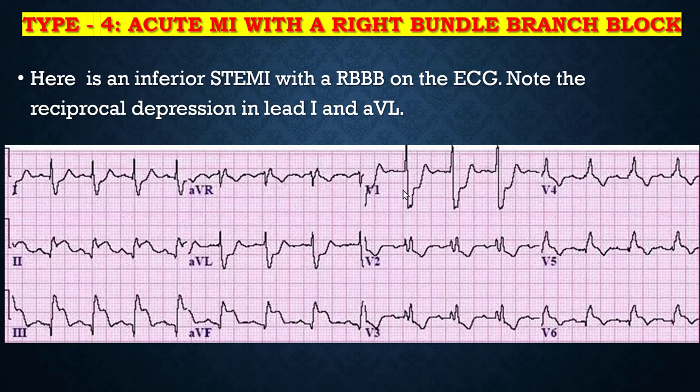You can see that the QRS complex is wider and slurred. In association with right bundle branch block, we have inferior MI. The inferior myocardial infarction changes occur in leads 3 and 2 and aVF.